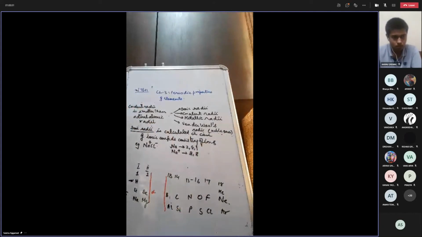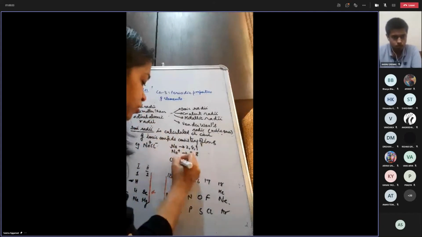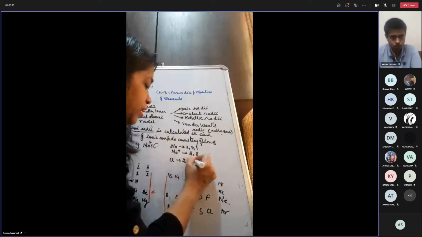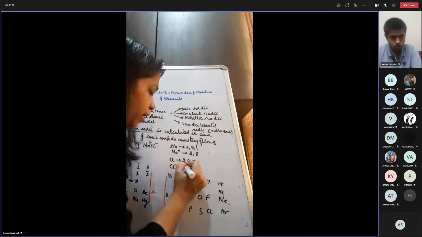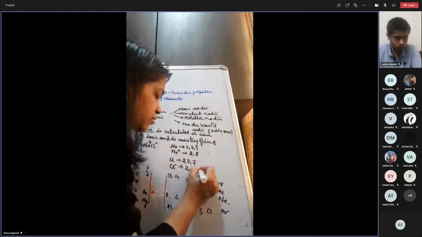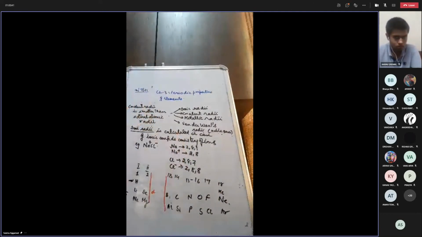Similarly, chlorine is 2, 8, 7, and chloride ion is 2, 8, 8. So this ionic radii consists of sodium ions and chloride ions.